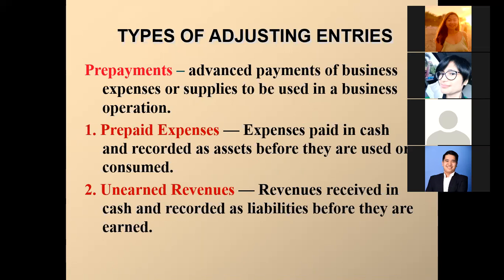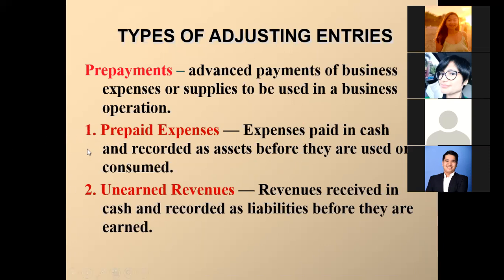On the part of Richard, it is a prepaid expense or prepaid rent. The entry for that is debit prepaid rent and credit cash. This is prepaid on the part of Richard because you pay in advance.